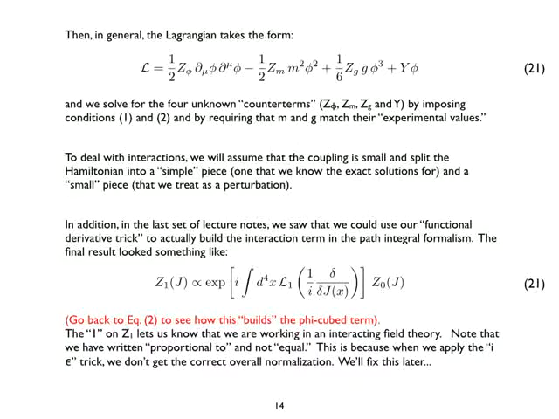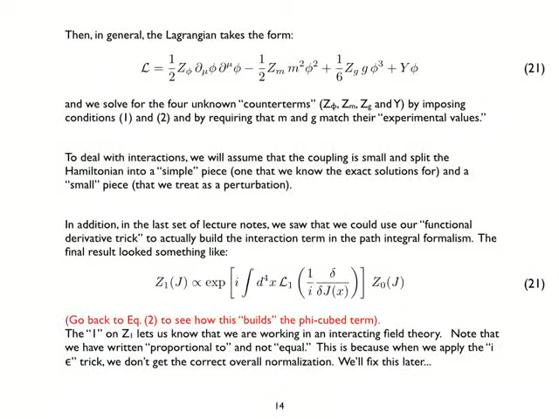How many functional derivatives am I going to have to take? 3, right? To build a phi cubed term, I'm going to have to take 3 functional derivatives of this guy, and this guy is just what we already computed for the real Klein-Gordon field. This is the non-interacting piece. We already have an expression for that in terms of the J's.